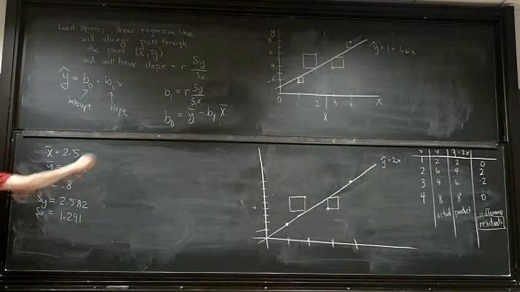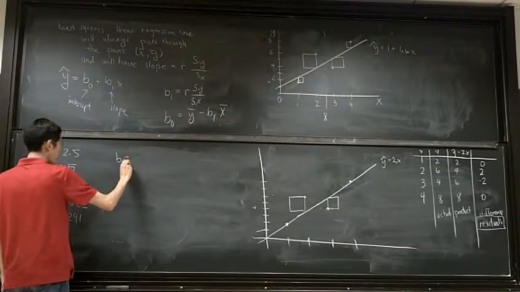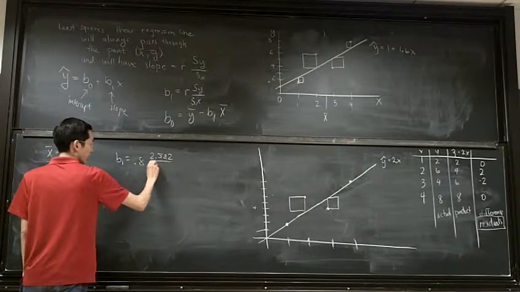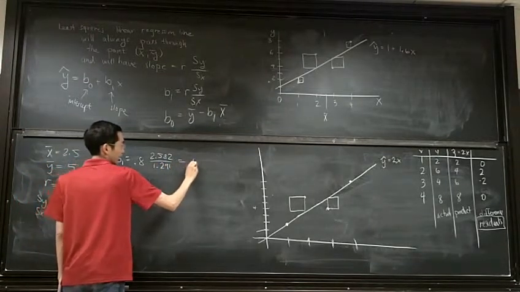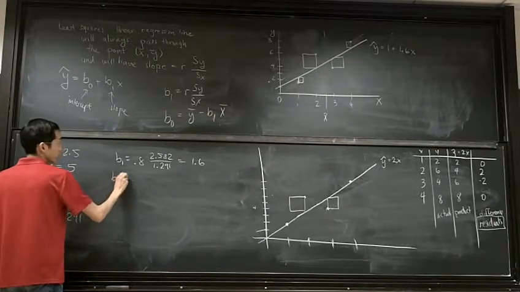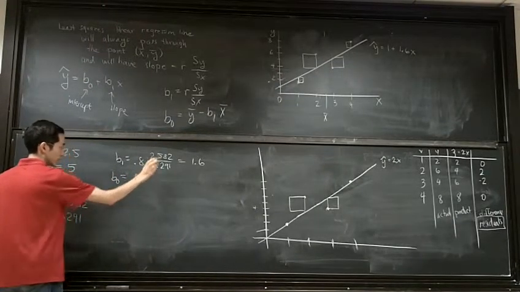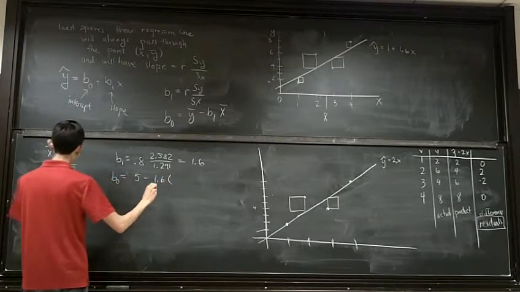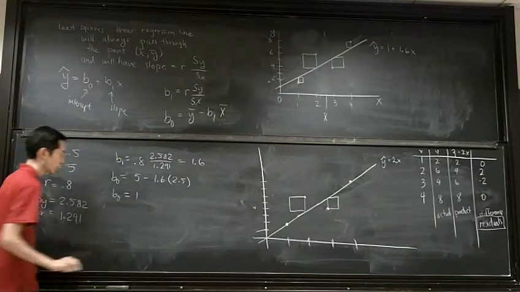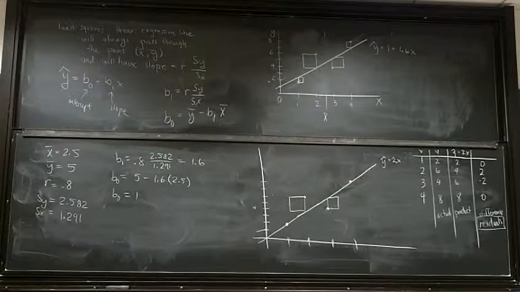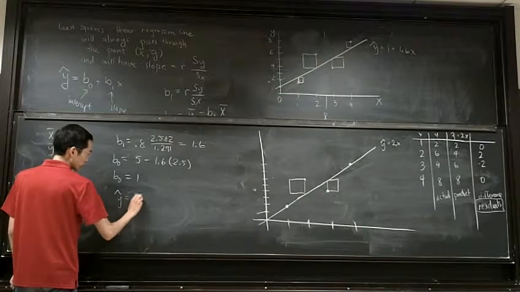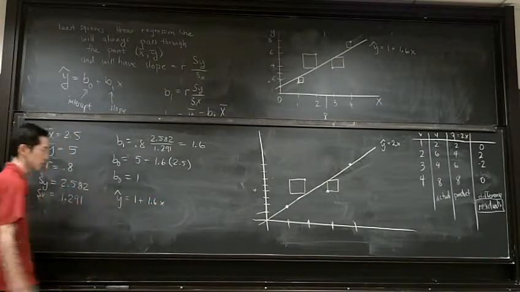So plugging that into our formula, we would get b1 is equal to 0.8 times that ratio, which is 1.6. Putting it all together, we get y hat is equal to 1 plus 1.6x.